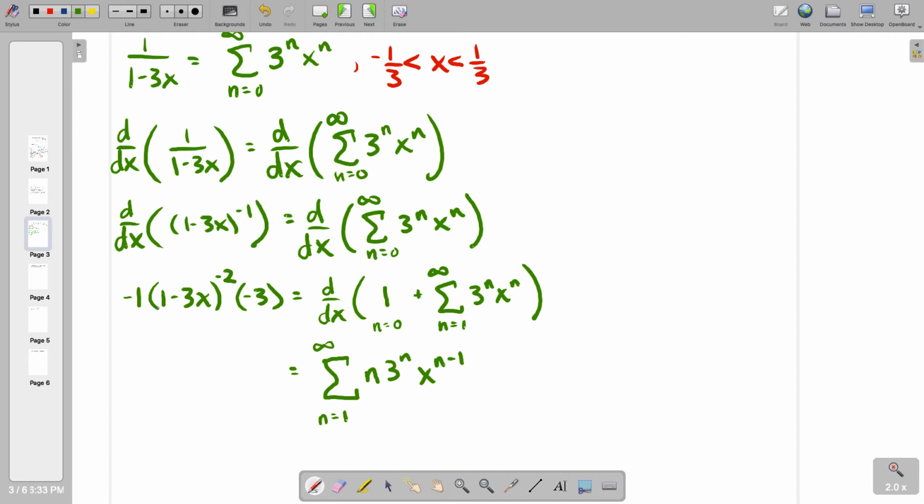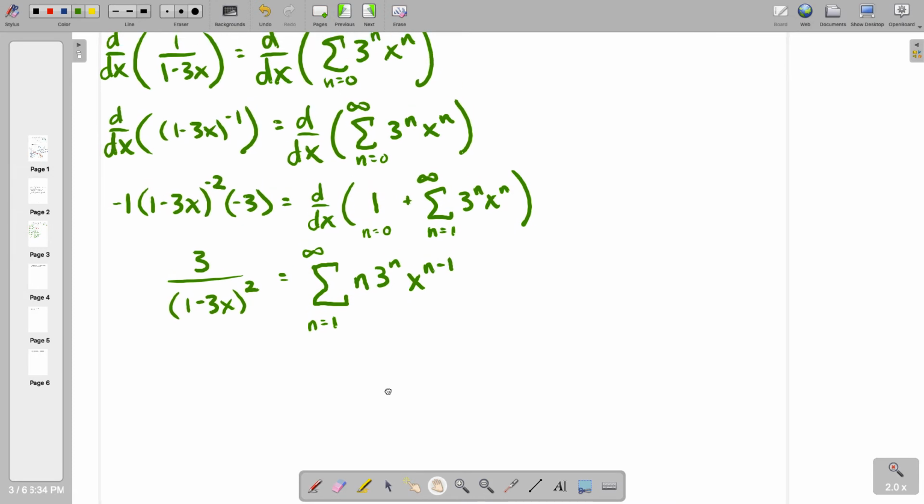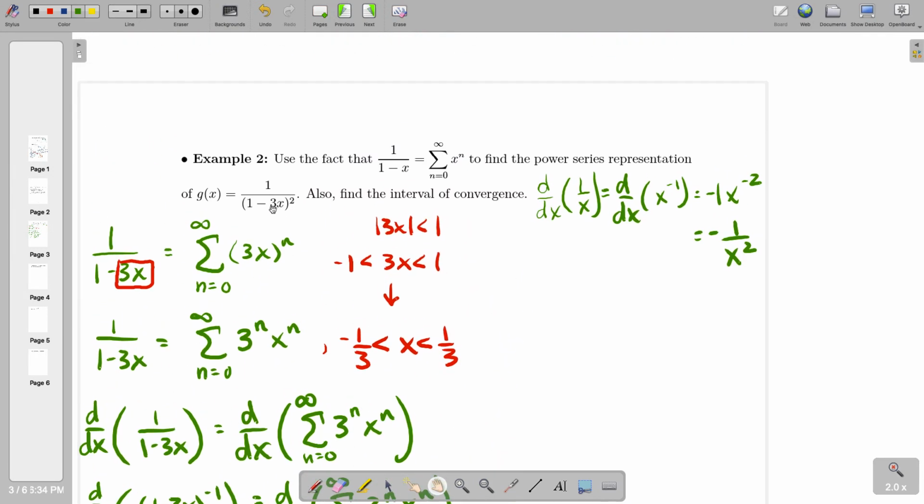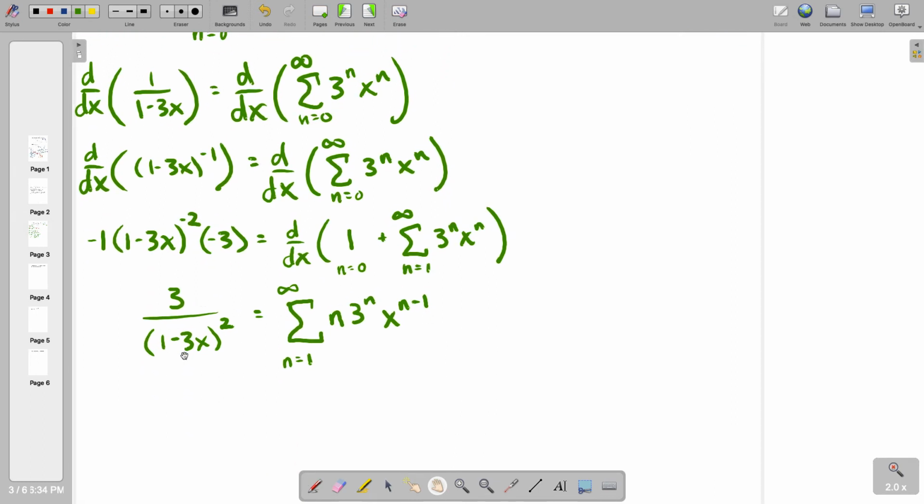And then over on the other side here, -1 times -3 is 3, and then 1 minus 3x squared. So now what we have to do is compare this to what we ultimately wanted. What we wanted was 1 over 1 minus 3x squared, and we have 3 over 1 minus 3x squared. Well, that's really no problem. We can definitely deal with that. So let's just multiply both sides by a third.